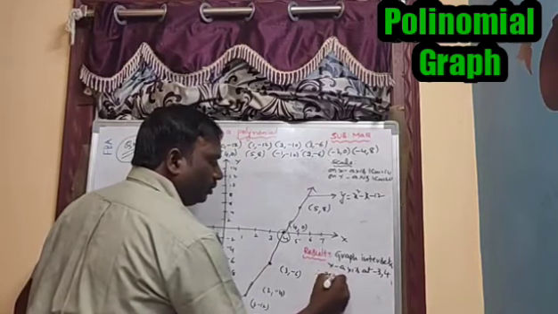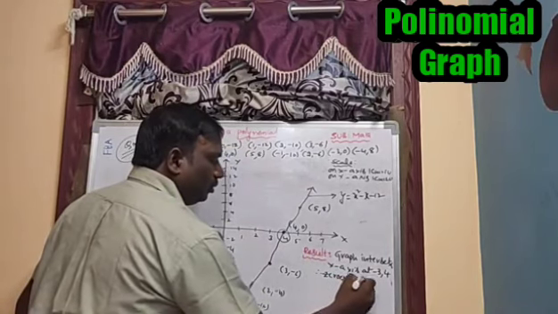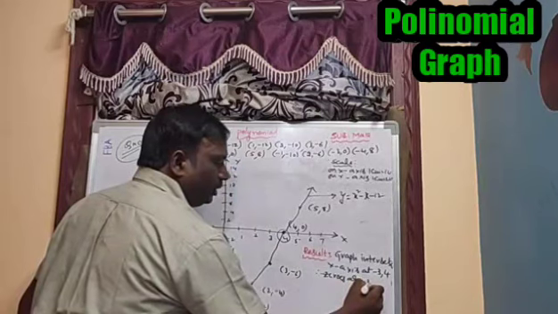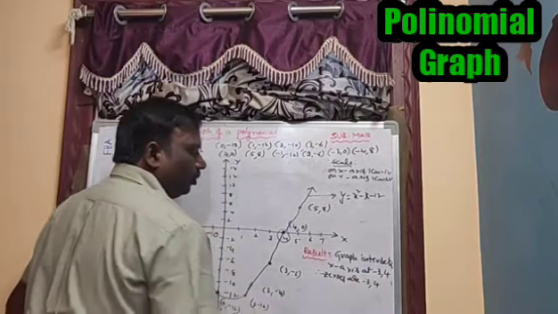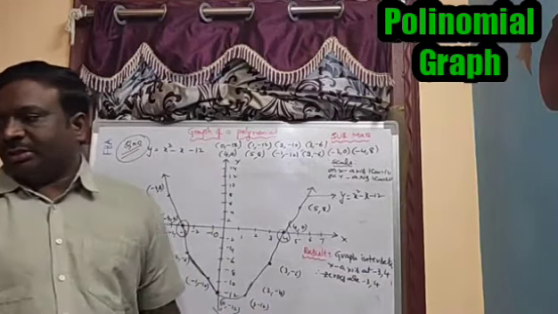Therefore, the zeros are minus 3 and 4. And justification.